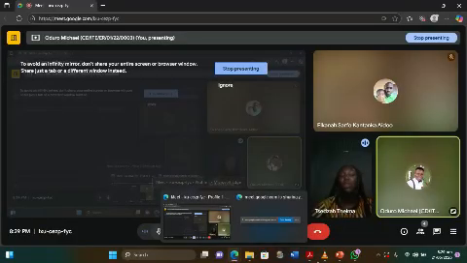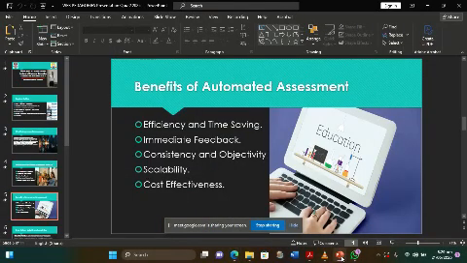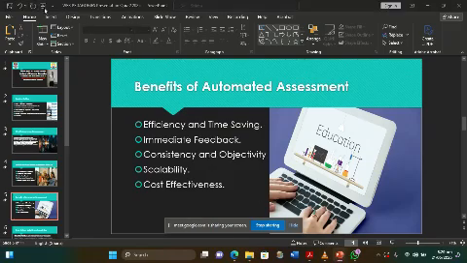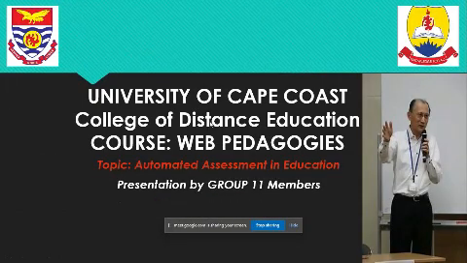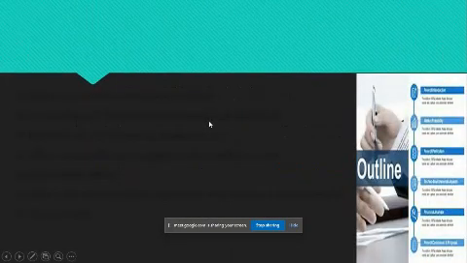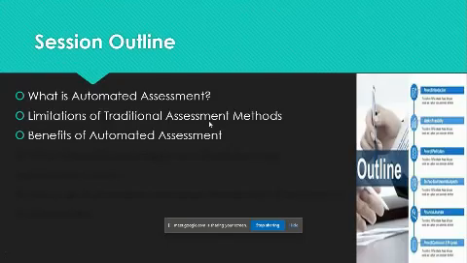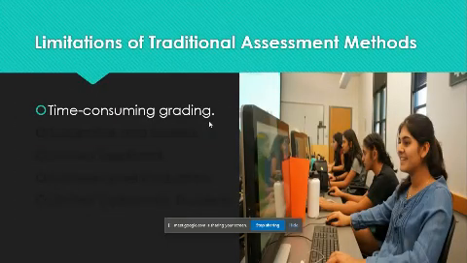Automated assessment provides instant feedback on objective assessments. This allows students to identify and correct their mistakes promptly, which leads to more effective learning.